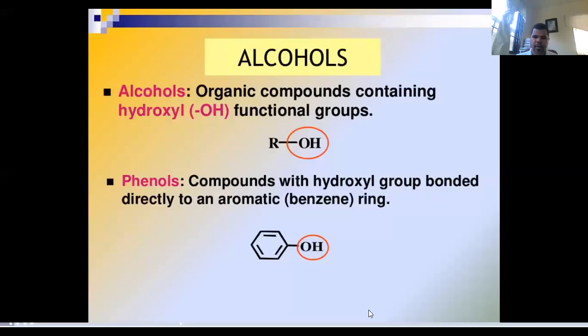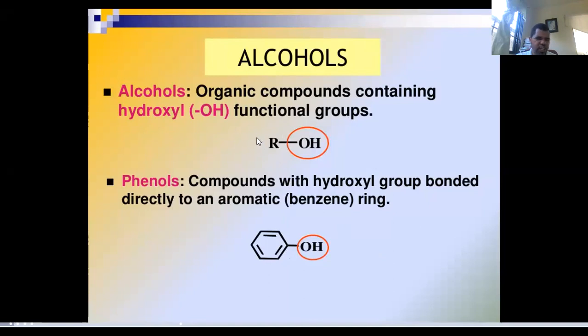Clean up, use it in the medical field, they use it as a drink, they use it as a fuel, and all of this is alcohols. Now remember, alcohols are organic compounds made up of carbon chains that contain this functional group, hydroxyl, which is the OH.